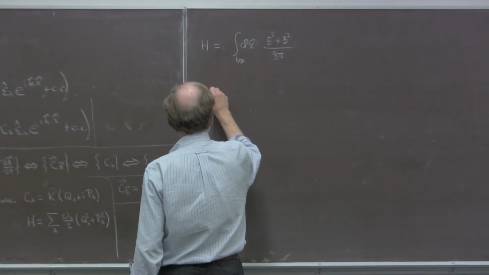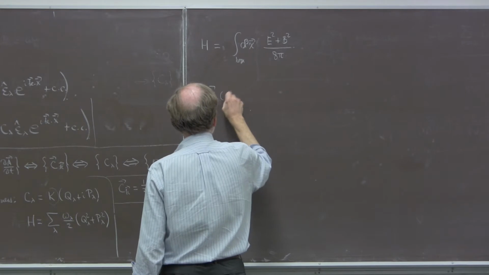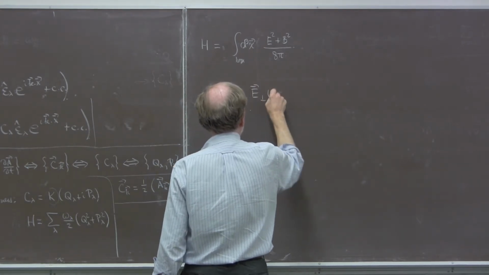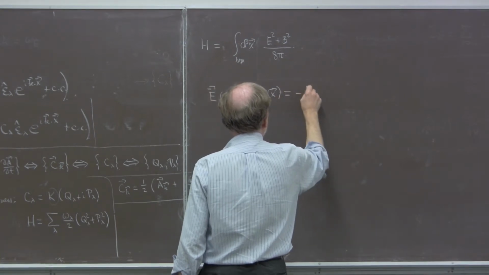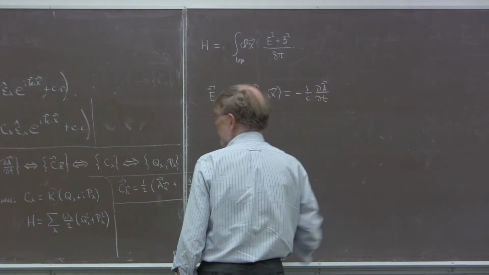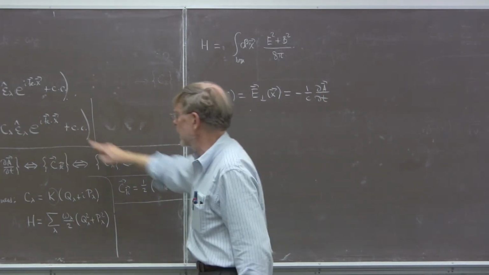So that means the electric field E, which I'll write as E of x, which is the same thing as E transverse of x for the free field, is minus 1 over c dA/dt, like this. And the dA/dt series is given right over here in various forms. I can write it out like this one here.